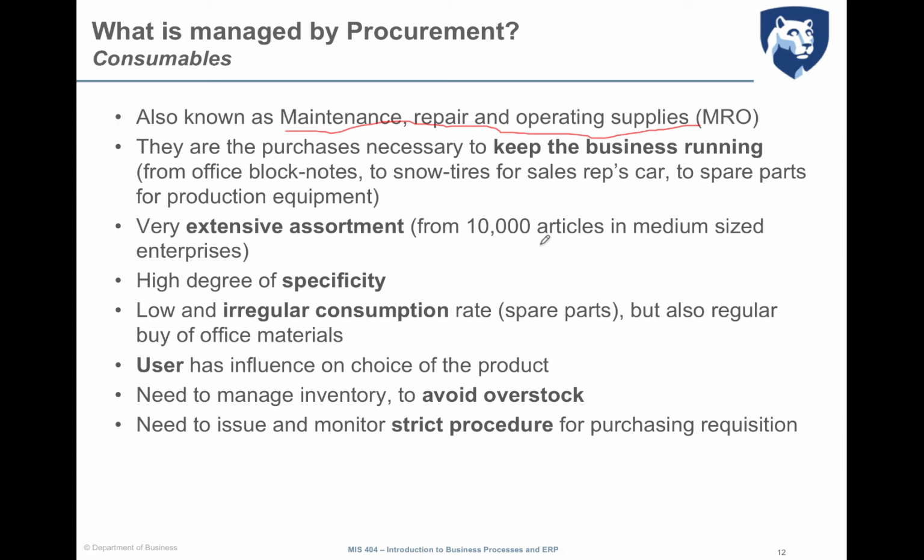The company is proposing a BlackBerry and I want an iPhone. The company wants to propose a Bic as a pen and I want a Mont Blanc. So these are types of MRO which are final user sensitive, so the final user can influence the purchasing choice.